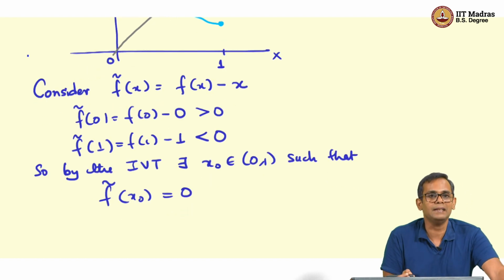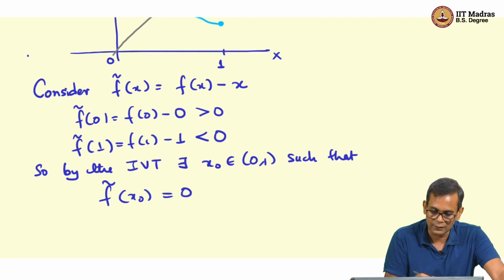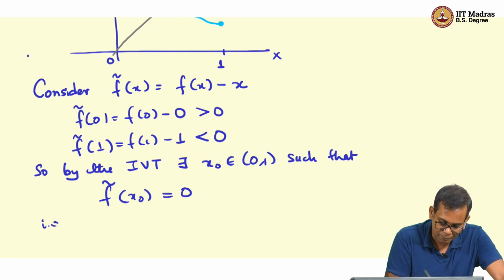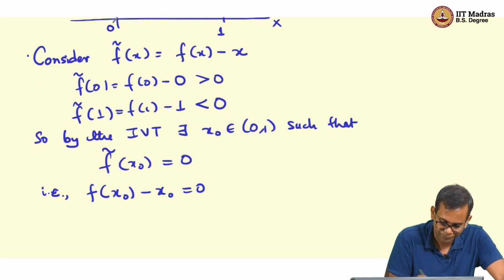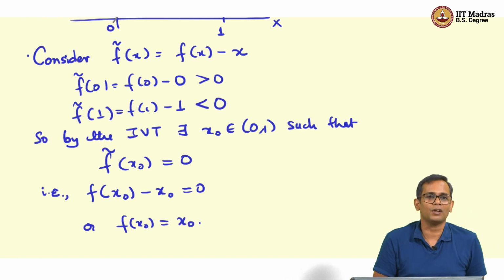What does that mean in terms of our original function? It means that f of x naught minus x naught is equal to 0, which is f of x naught equals x naught, which means that x naught is a fixed point for the function f.